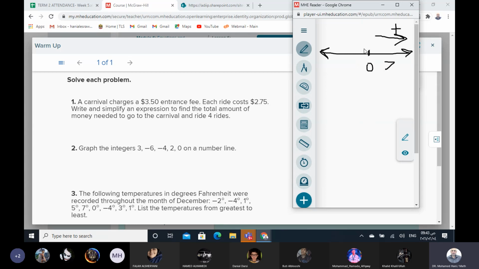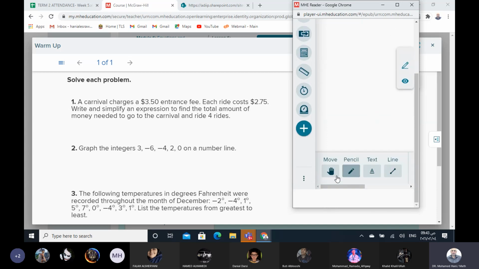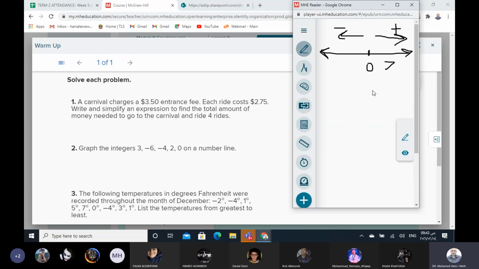And from 0 to the left, we have the negative numbers.